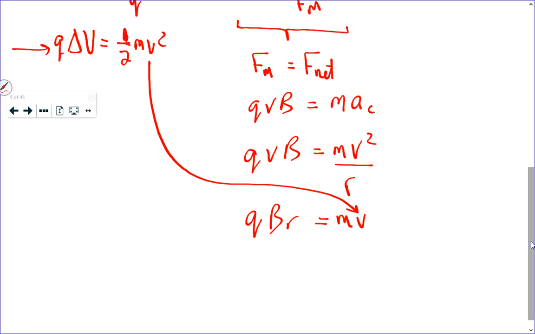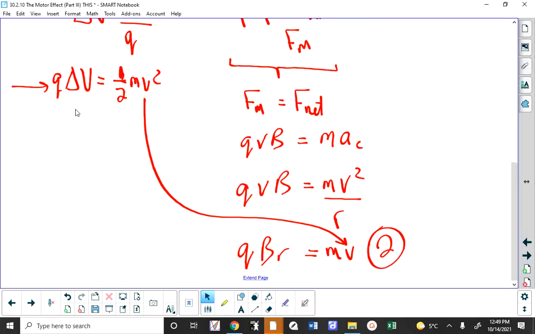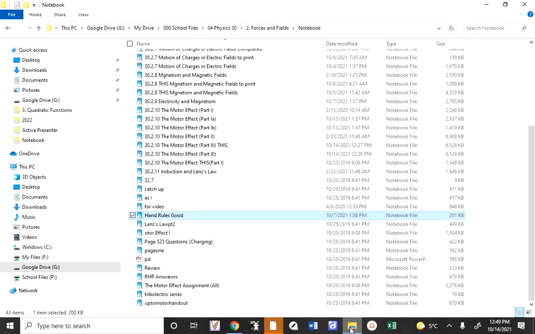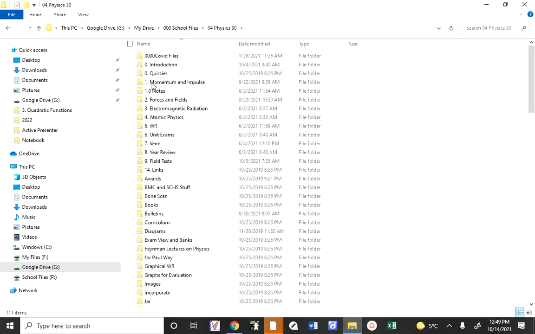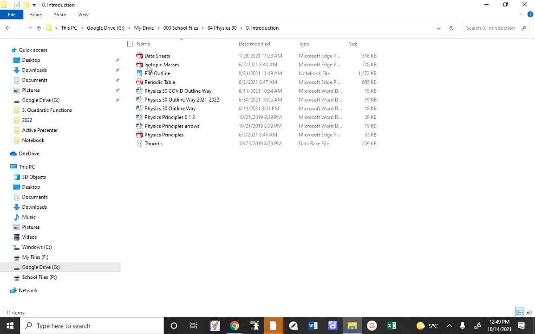This is physics principle 2. I better pull this up and show it to you on your formula sheet. I think it's 2. I better just double check.